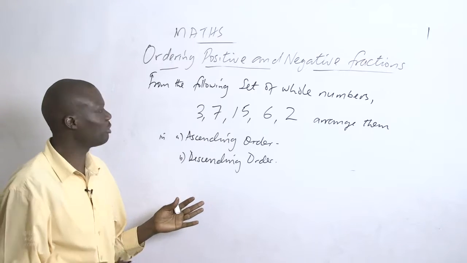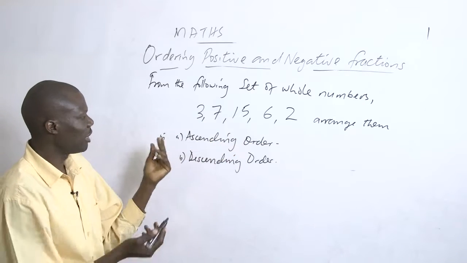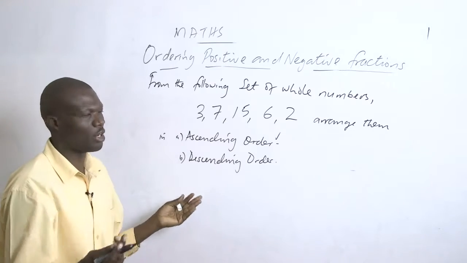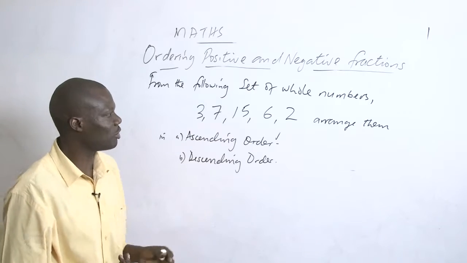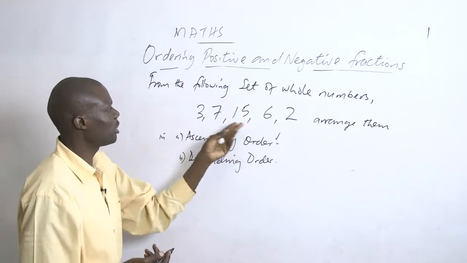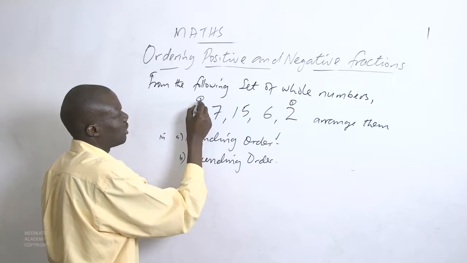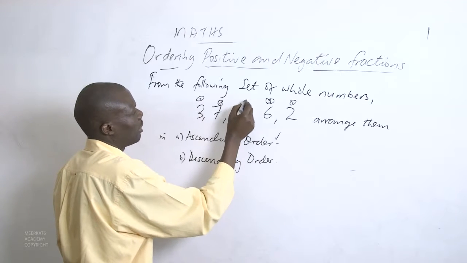It is very simplified. We can simply get to know the value of the number. And when we say ascending order, we are required to start from the least value and finish with the largest value. In this particular case, 2 becomes our first, this is our second, this is our third, the fourth, and the fifth.